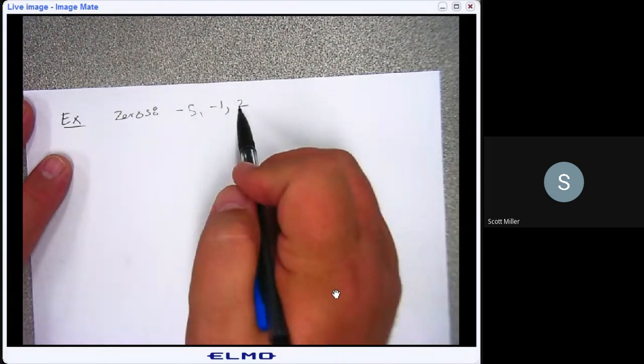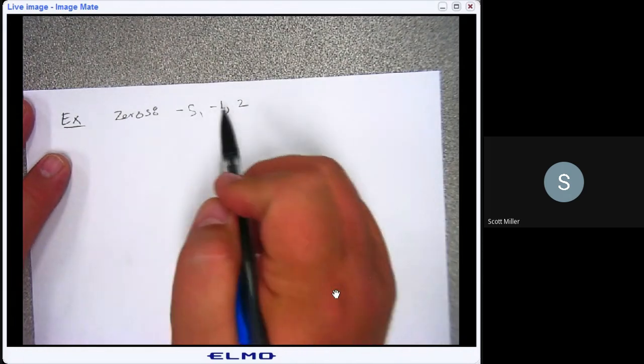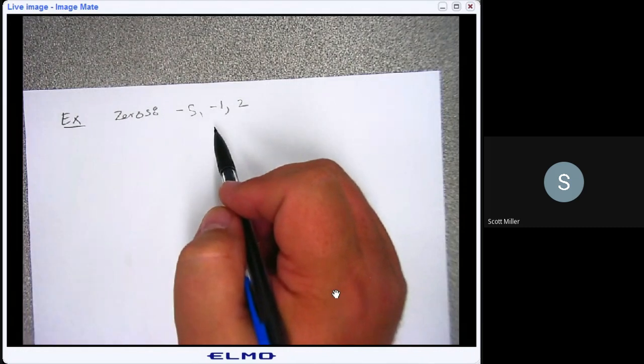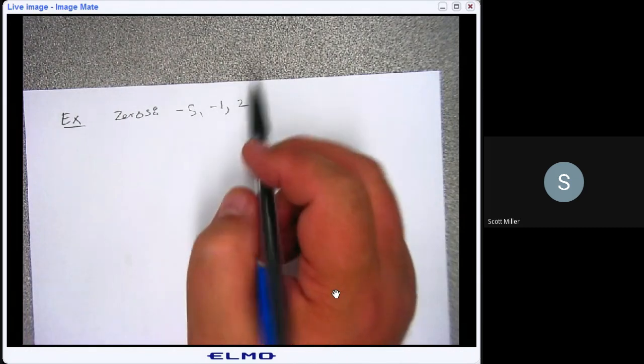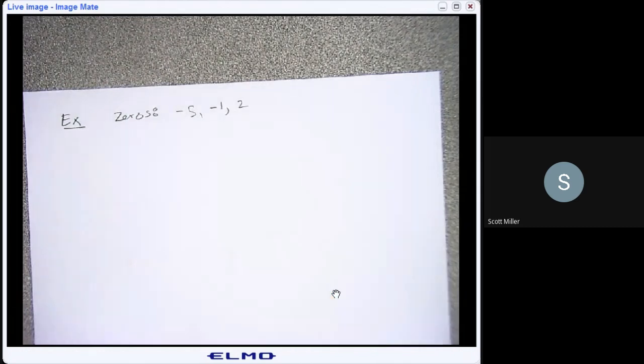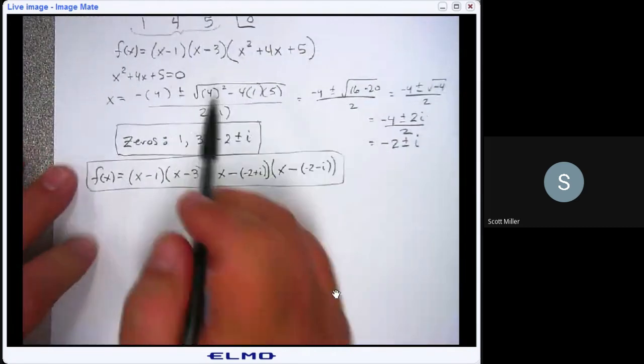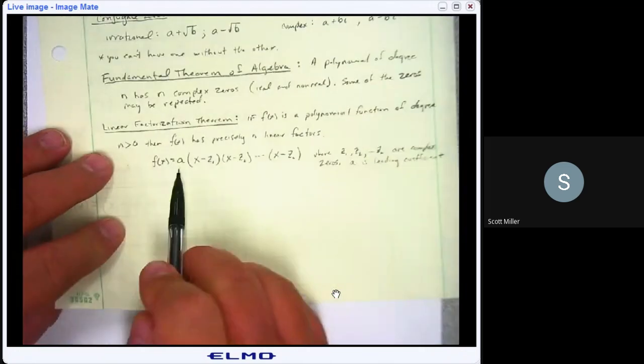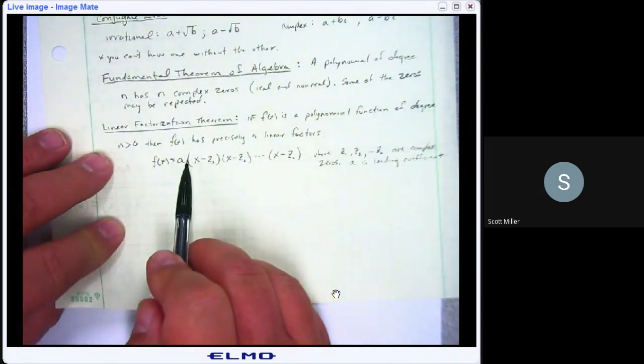Meaning, the least degree means there are 3 zeros here, so the least degree would be 3. So that means you're going to do an x to the third graph. Leading coefficient of 1 means that the a out in front will be a 1.